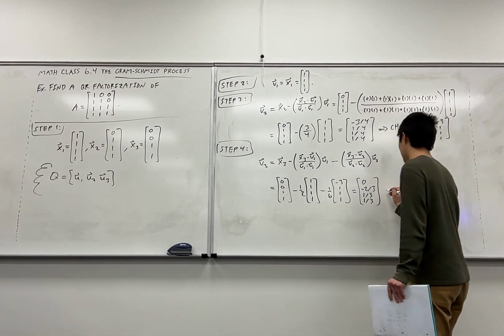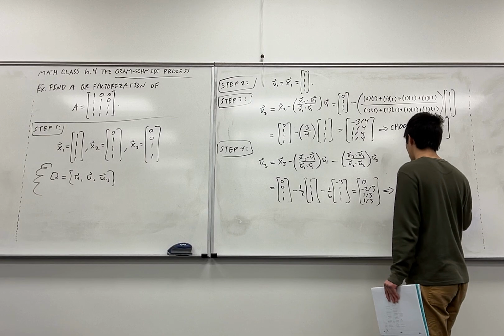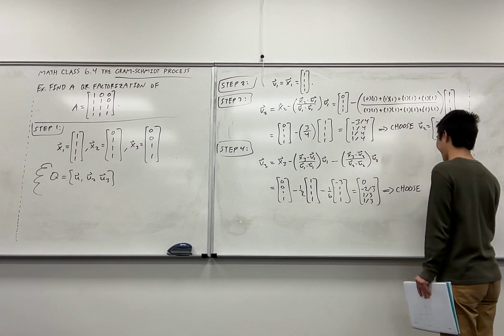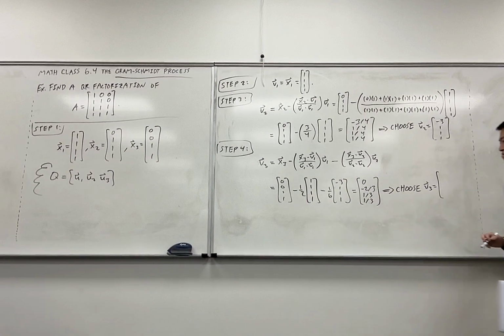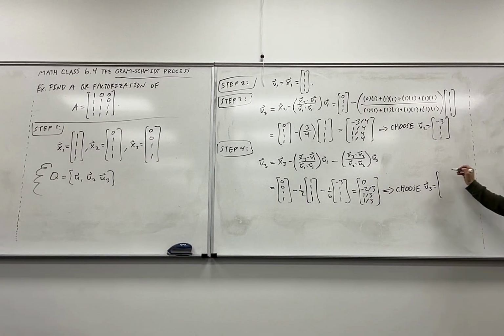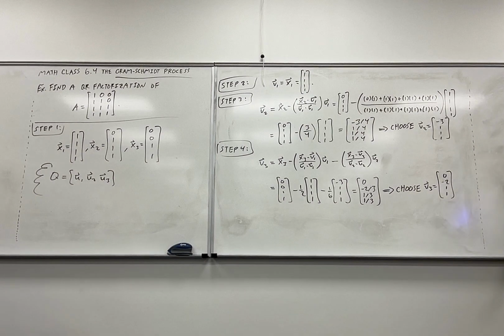No. You can multiply by 3. So we choose. V3 is equal to what? 0, -2, 1, 1. Bingo. Ladies and gentlemen, that's Gram-Schmidt.